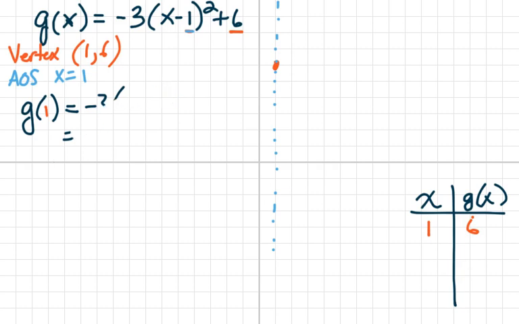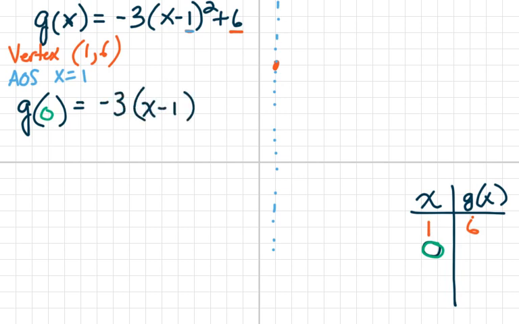Okay, but let's say I want to take an easy point. Let's say I want to just plug in 0 for x. We'll do it in green maybe. We're going to plug in 0 everywhere in this function where there's an x. I'm going to replace that x with a 0. And what I find is -3 times, well, 0 minus 1 is just -1, squared.